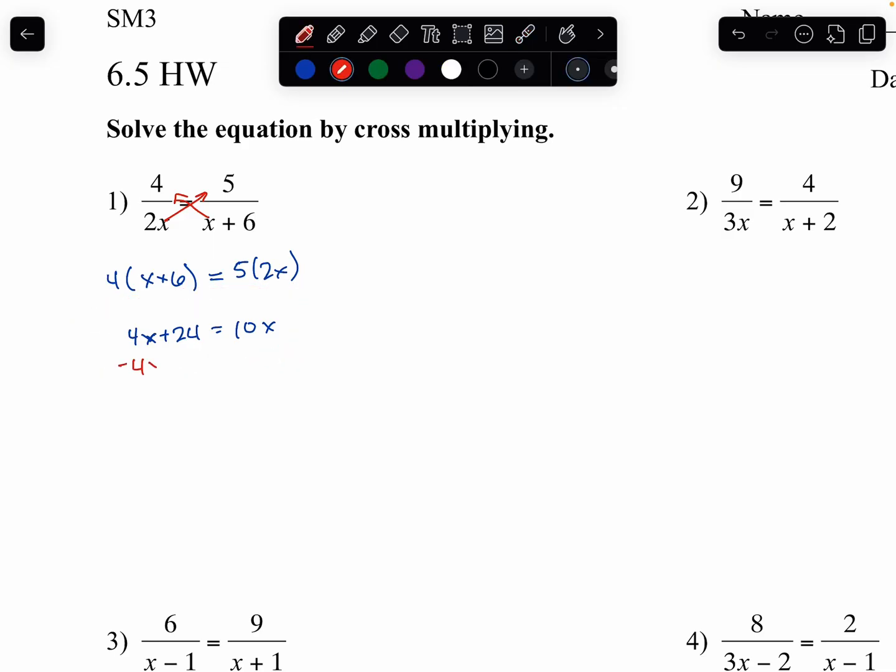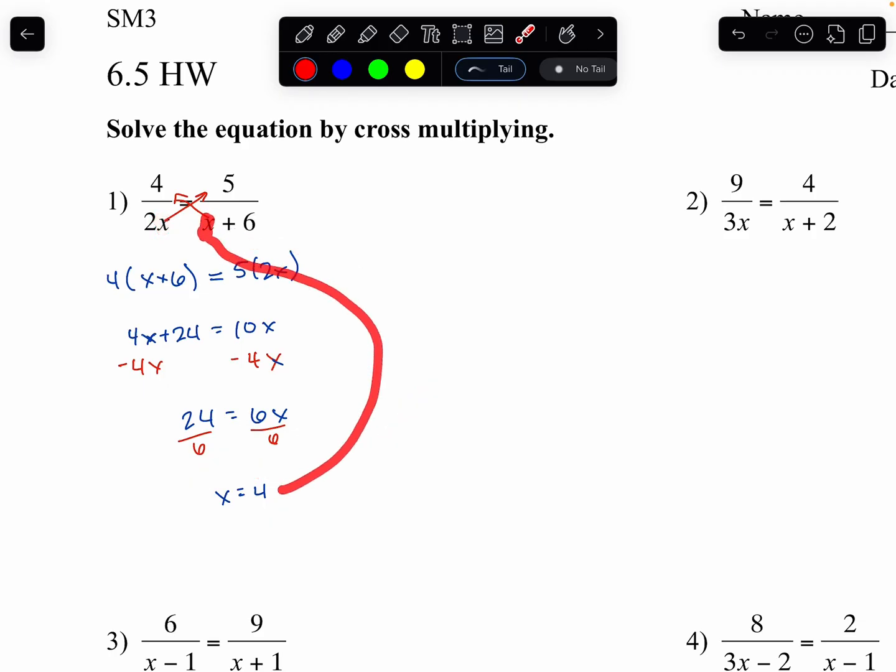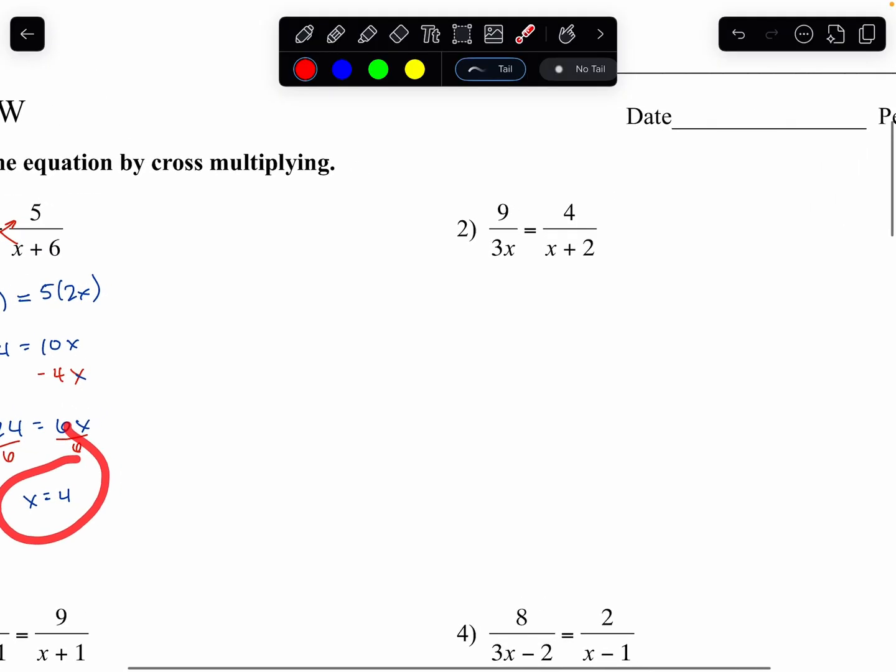Minus 4x and minus 4x, I get 24 is equal to 6x. Divide by 6, and I get that x is equal to 4. Now you might want to check by plugging this back into the original equation. You want to make sure that you don't get 0 in your denominator, so we wouldn't, and it looks like x equals 4 is a solution.